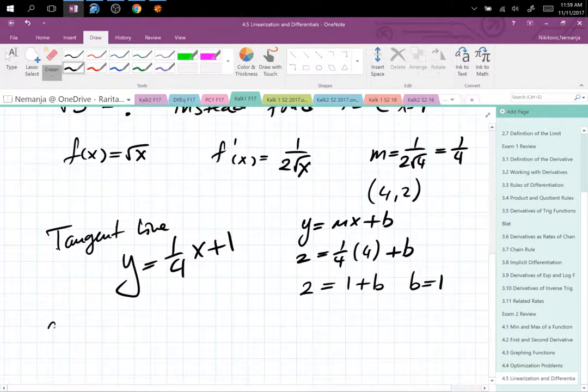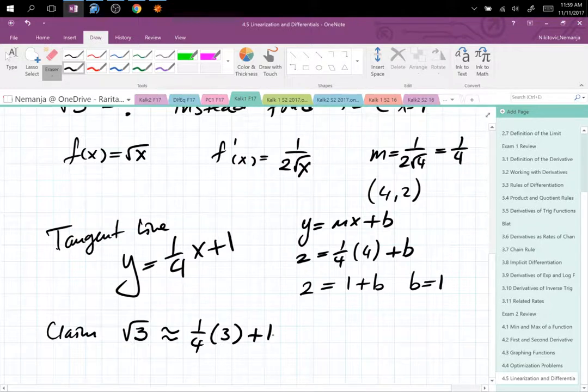So what I claim is that square root of 3 is approximately equal to 1/4 times 3 plus 1. So instead of computing 3 in the function where I can't compute without a calculator, I compute 3 in a tangent line, which is obtained by working out the tangent line in a nearby point.